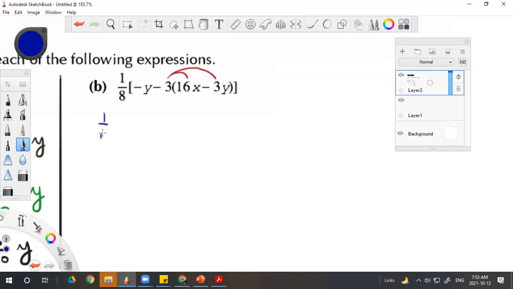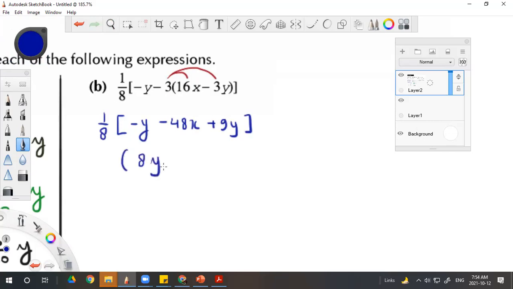Yeah, 1/8 times minus y, and then -3 times 16 is -48x, and -3 times -3y is plus 9y. And then you can collect the like terms. -y plus 9y, see, that's the like terms.